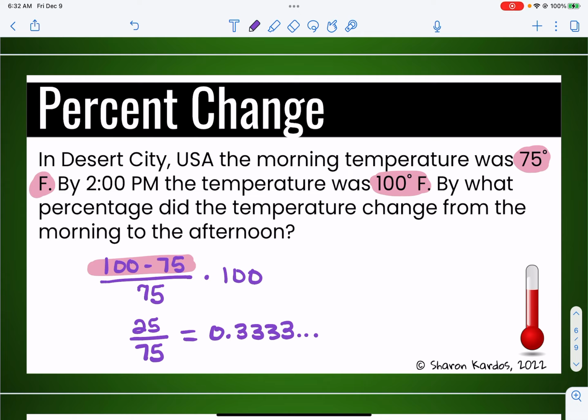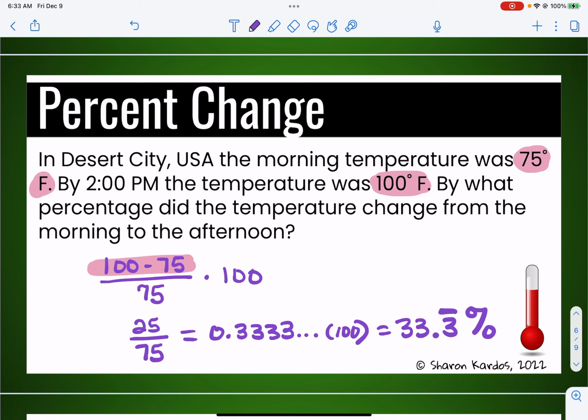So I can just multiply that by 100. And when I do that on my calculator, I get 33.3, and you could put the bar over the top to show that the 3 is repeating. So my answer is 33.3 repeating percent.